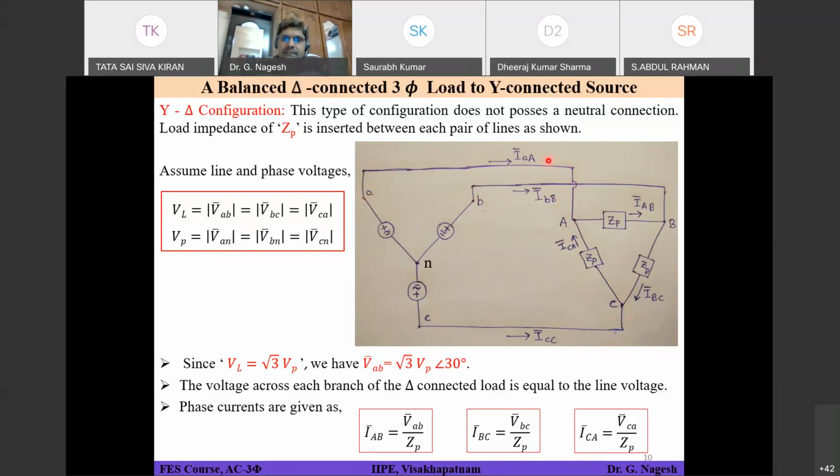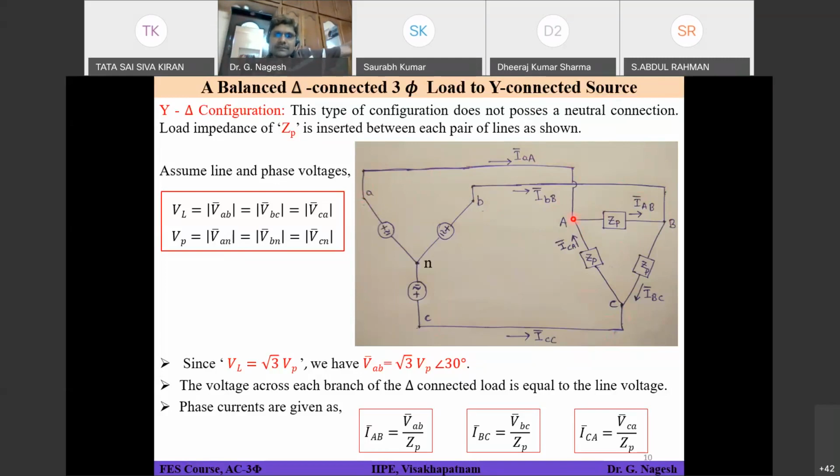So that's why the subscripts are shown as small a and capital A. I am considering this as line. That means the wire which is connecting A of source to A of load I am calling as line. So that's why it is represented as IAA and I am calling it as line current.